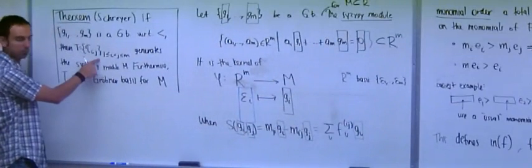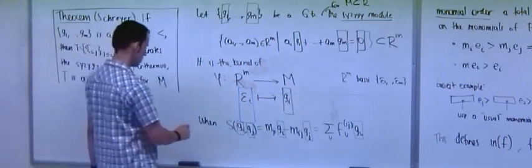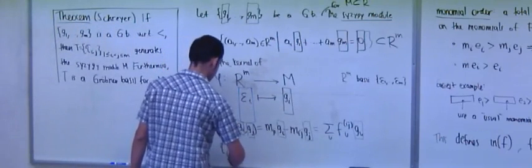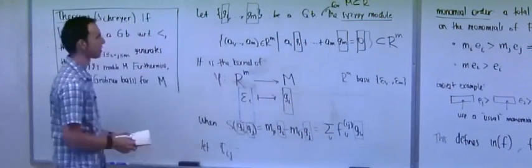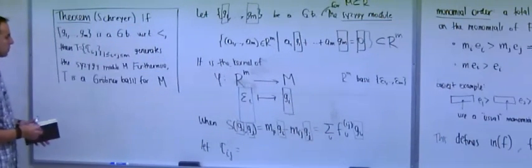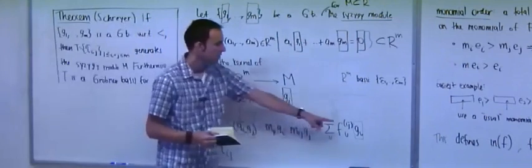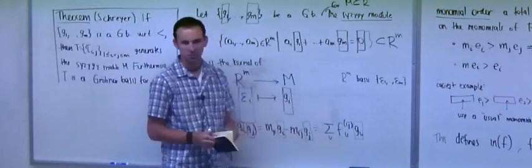Okay? I'm going to define it to be, so it's supposed to be something that lives in the syzygy module, and so what it should be is just this guy, except that instead of the g's, you need epsilons.